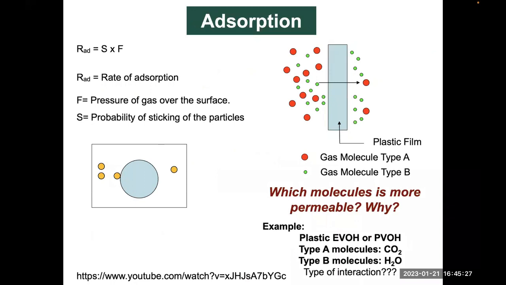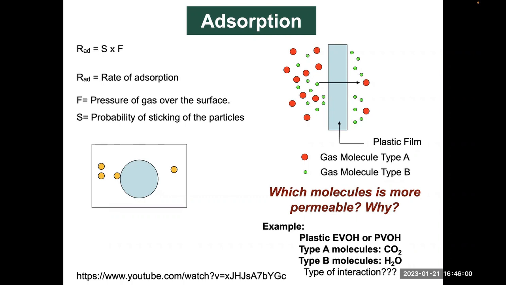So now here I have a schematic. Think like you have a film, right? And now in the real world, we do not just have one gas or one molecule, right?